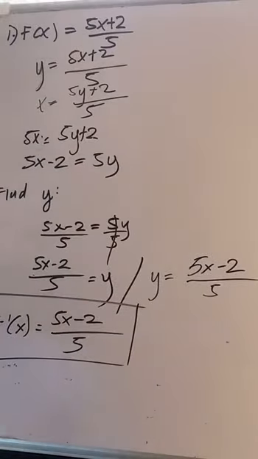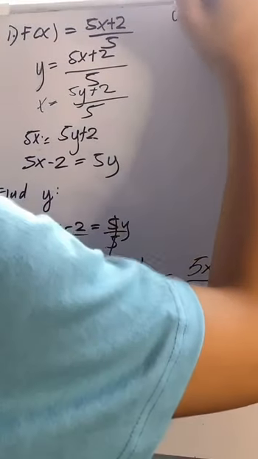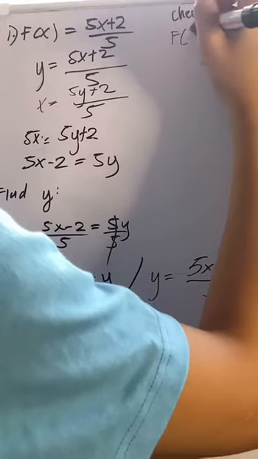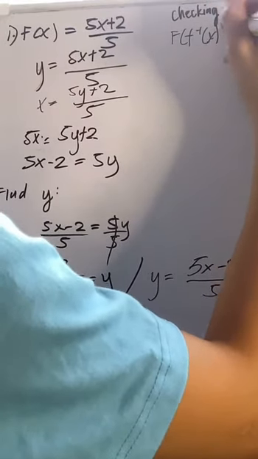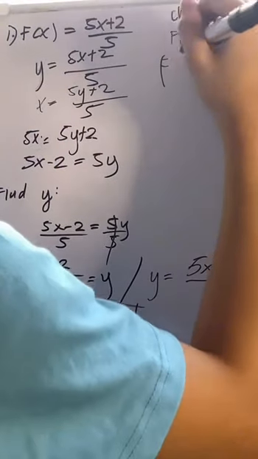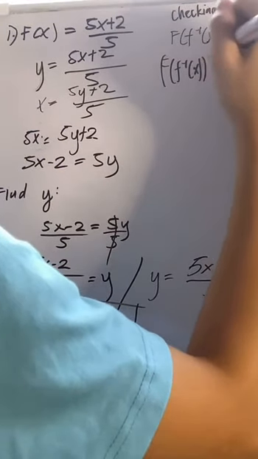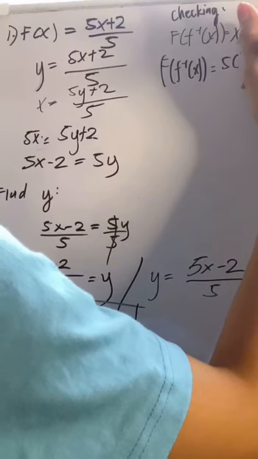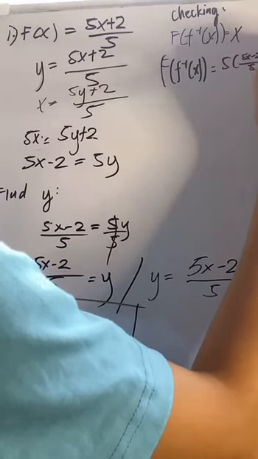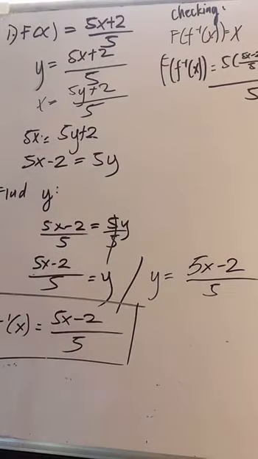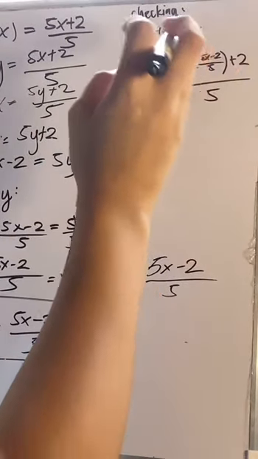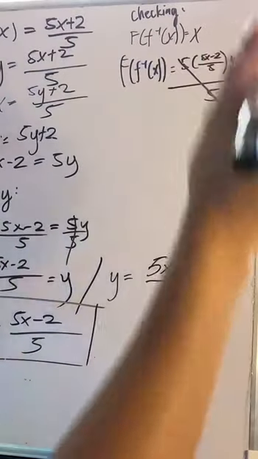Now, to verify if your answer is correct, we have to do the checking. f of f raised to negative 1 of x. Then replace the x with our inverse. As you can see, it has the same number, so we have to cancel that out.